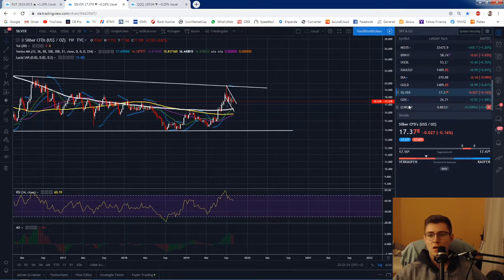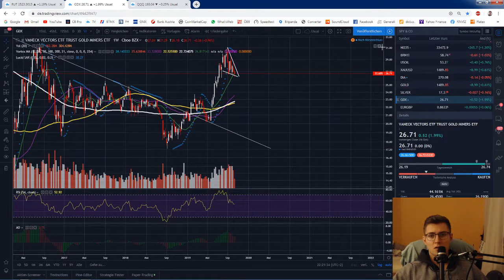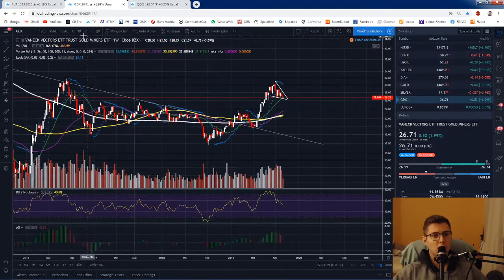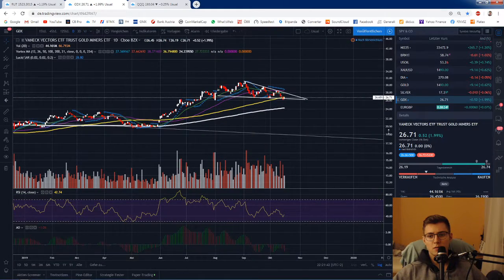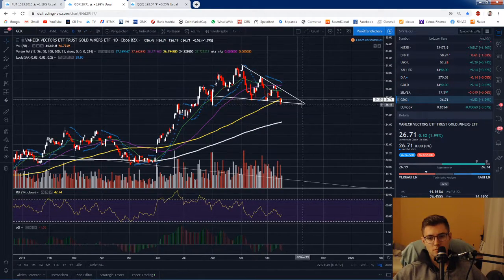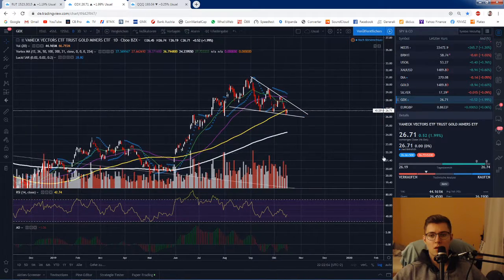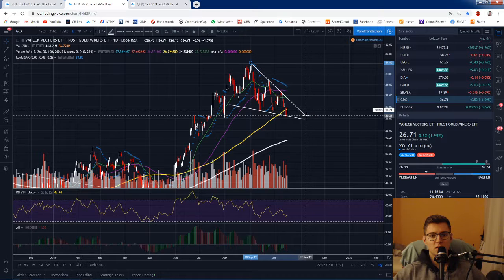So, okay. And GDX, the Gold Miners ETF Trust. This is quite interesting. We do have lower lows and lower highs also right here, yet in a tighter range on the bottom side compared to the tops. So this looks like a falling wedge.